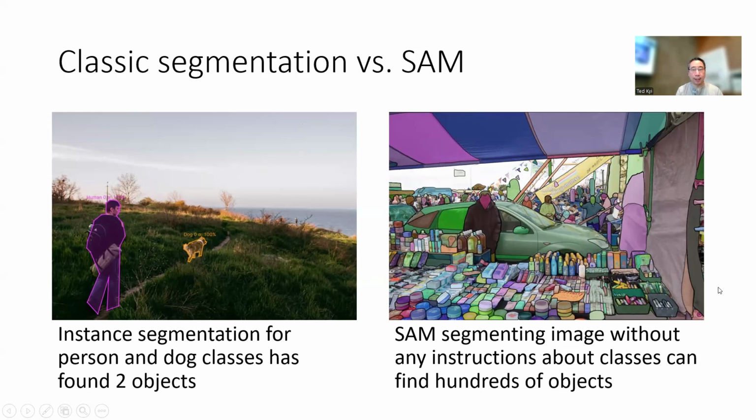Whereas Segment Anything, given this very busy image, would have hundreds of different masks. It's a little easier if you see the original image and the mask side by side, but just for space, I'm showing you only the mask ones.